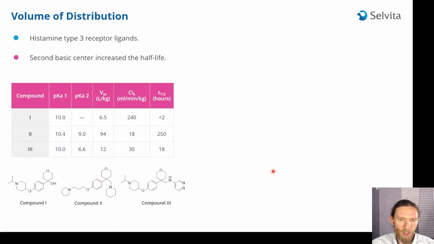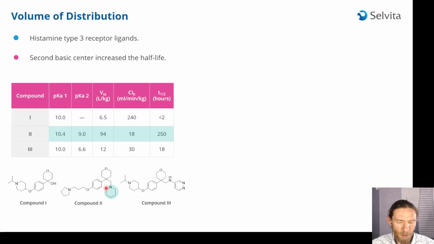Another example of the impact of a second basic center on the properties of a molecule can be found within histamine type 3 receptor ligands. Here, those three compounds, compound 1, 2, and 3, all have one basic center in the molecule of the same property. Two of those compounds were equipped with a different second basic center.